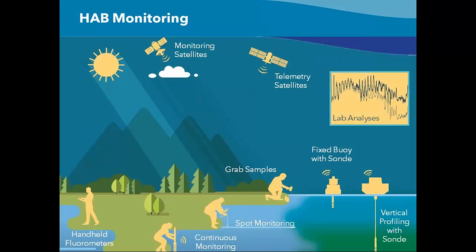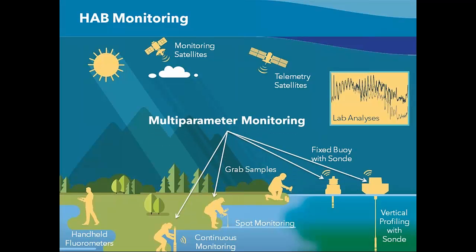So what if you do want to take into consideration some of those other water quality parameters? Well, this is where we get to talking about some of my favorite technology, which of course involves multi-parameter monitoring. And some of these other approaches that we're going to talk about leverage that technology.